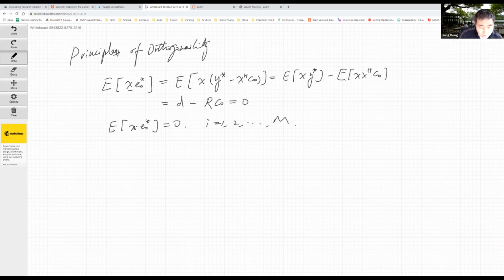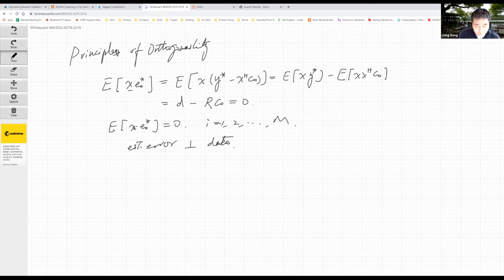That means the estimation error is orthogonal to the data, if I have the best choice, if I'm using the optimum linear estimator here. So the estimation error should be orthogonal to the data x. That's when I have the minimum square error.